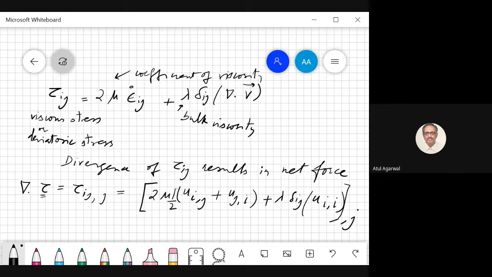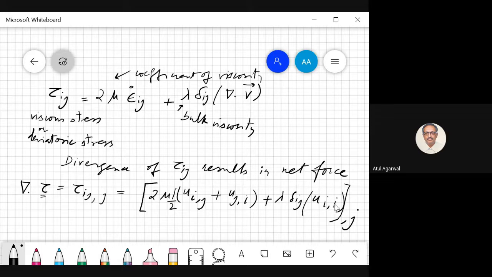Can you see what I have done? I have replaced strain rate by this term, ui comma j plus uj comma i. This is del ui by del xj. This is del uj by del xi. So these are derivatives of velocity. And divergence of velocity is ui comma i.